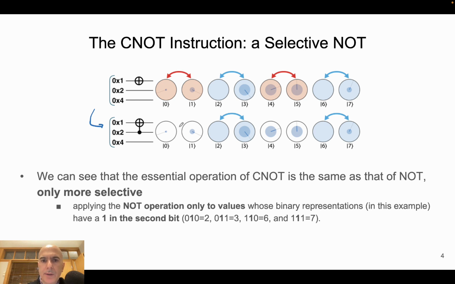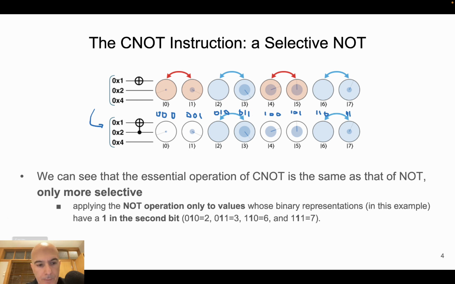To help us understand how this operates, we can write the binary representation of these different states: 000, 001, 010, 011, 100, 101, 110, 111.